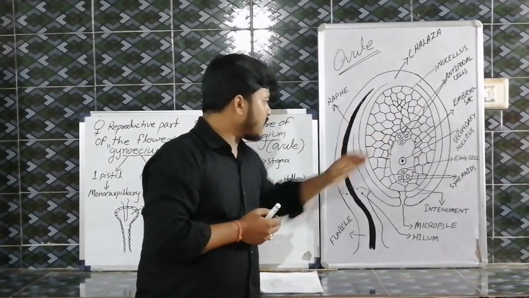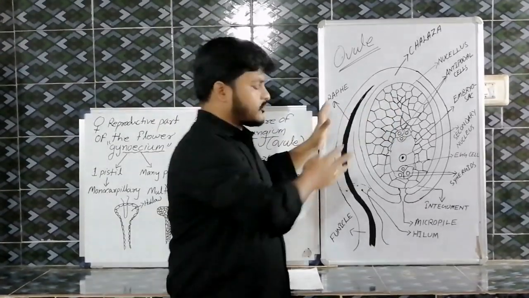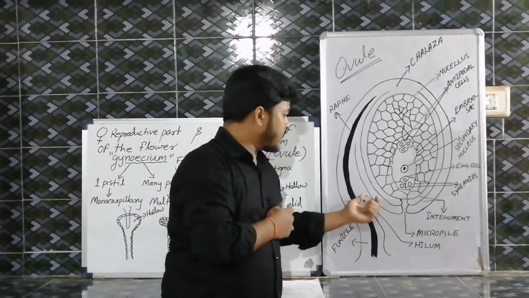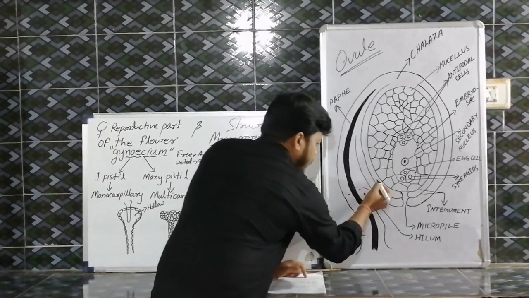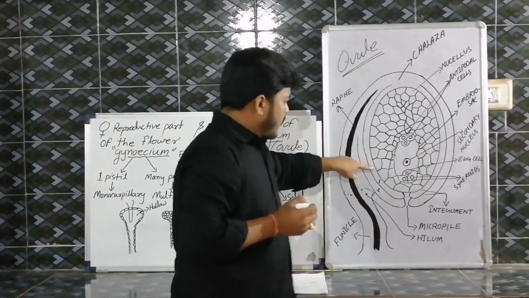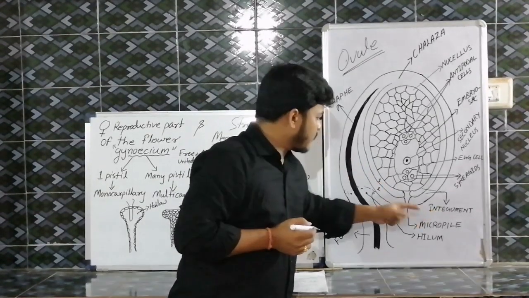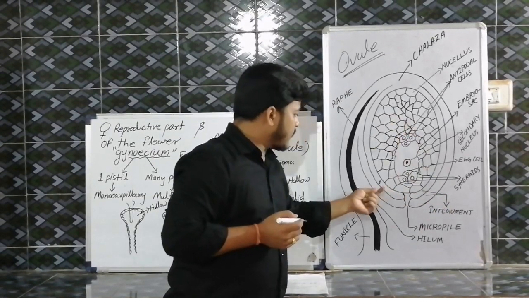And if we go into the structure of this flower, that means the structure of this ovule, it consists of integuments. We also name them by numbering, 1 and 2. This is your integument part, and we are going from the outer to the inner part of the structure.